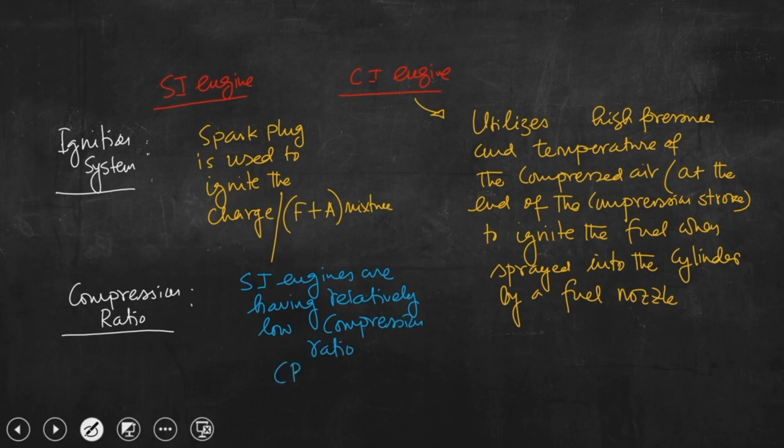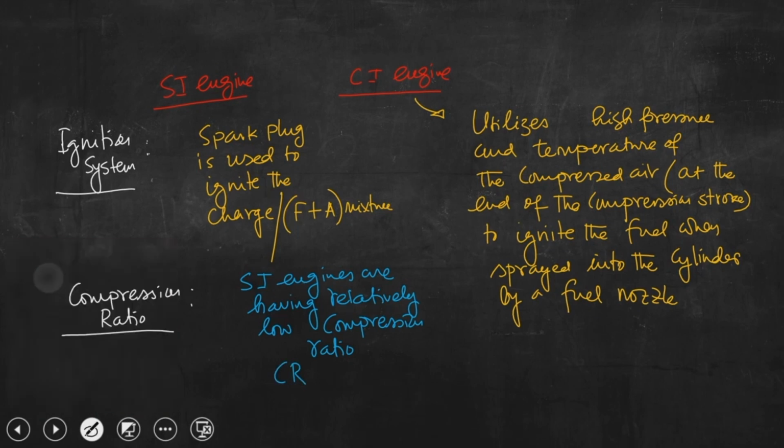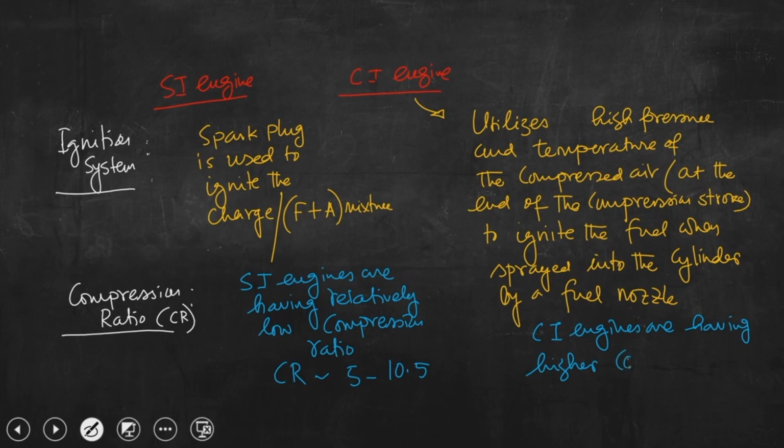So, here compression ratio, that is CR, is 5 to 10.5, while CI engines are having higher compression ratio.